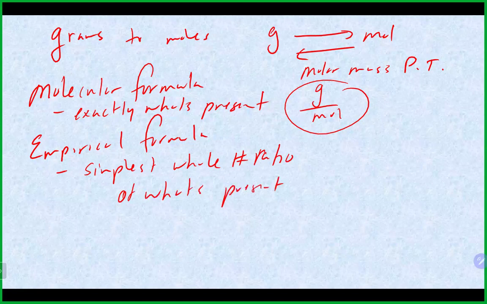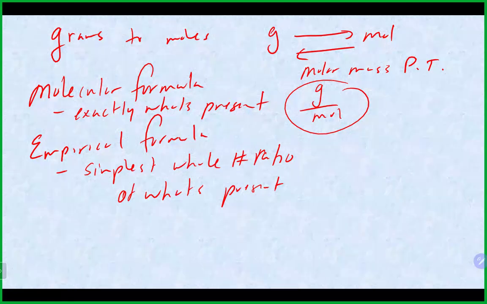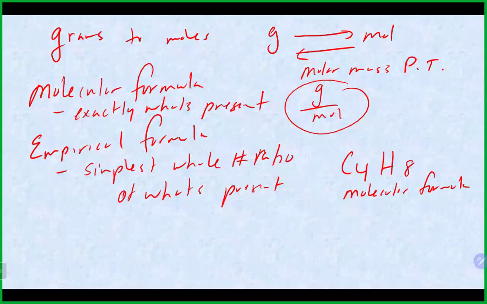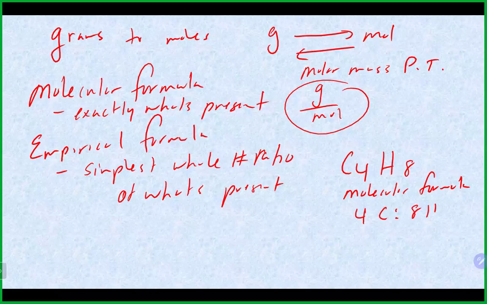So if we have something like C4H8 as our molecular formula, that is a 4 carbon to 8 hydrogen relationship. You could divide everybody by 4 and still end up with whole numbers, 1 carbon for every 2 hydrogens.